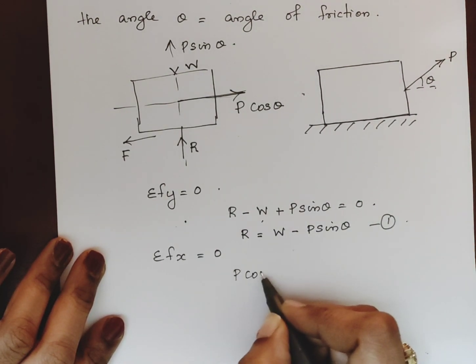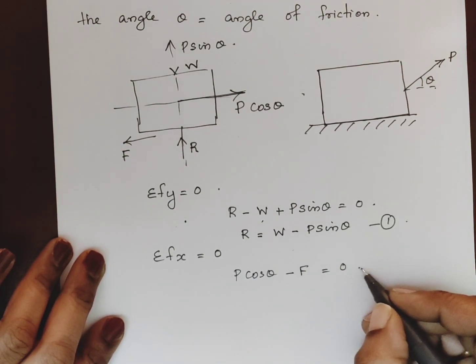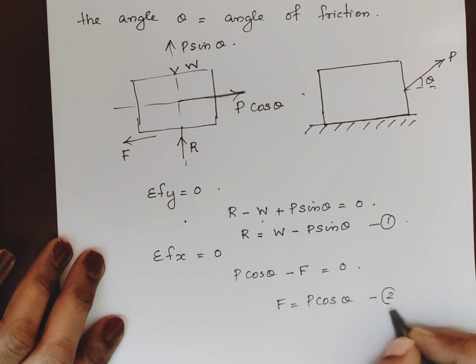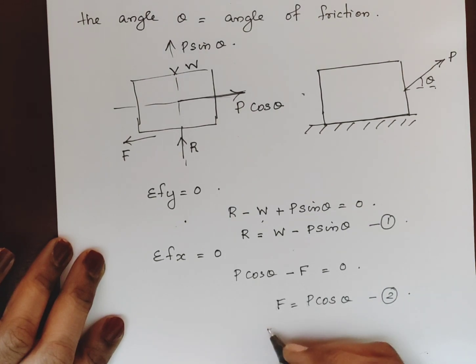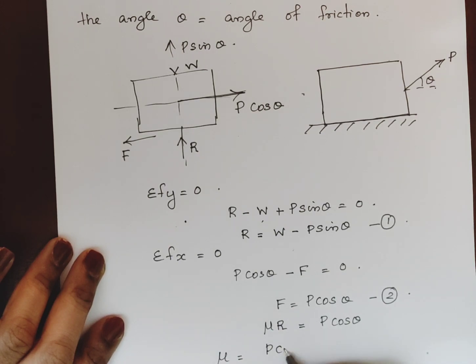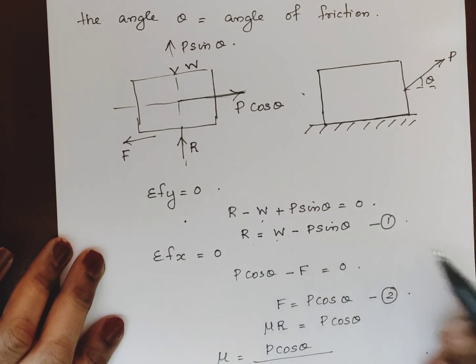So P cos theta minus F is equal to 0. So F is equal to P cos theta. That is your second equation. So what is F? F is mu into R is equal to P cos theta. So now you can write mu is equal to P cos theta divided by R, that is W minus P sin theta. So this is equation for mu.